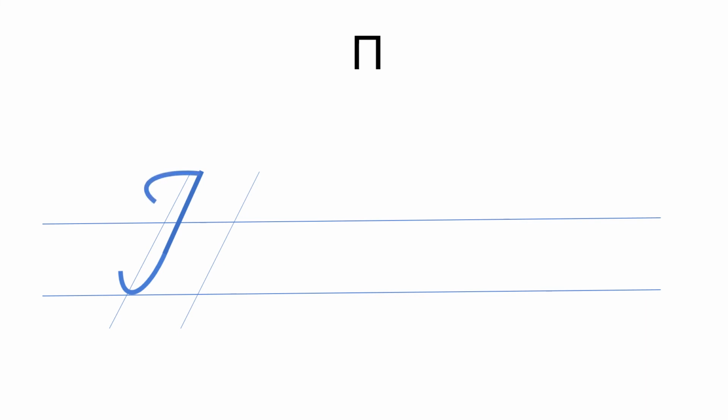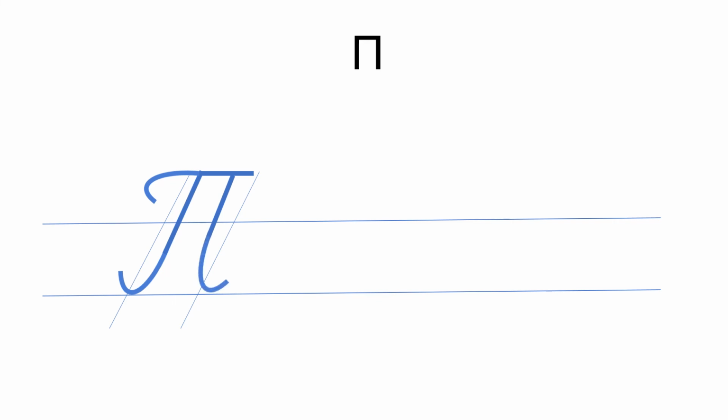Okay? So now you can recognize it's the beginning for G, it's the beginning for P as well. So we have to continue to draw this horizontal line, but we draw it a little bit longer. Next, somewhere in the middle of this horizontal line, we draw another stroke down, like that, and we finish it with a hook.